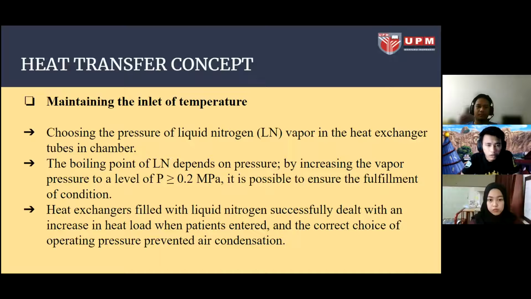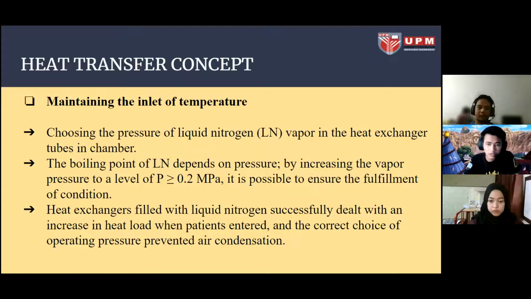The next concept is maintaining the inlet temperature. In the chamber, we need to maintain the inlet temperature by choosing the pressure of the liquid nitrogen vapor in the heat exchanger tube. The boiling point of liquid nitrogen depends on pressure. So in this case, we need to increase the vapor pressure to a level of more than or equal to 0.2 megapascal.